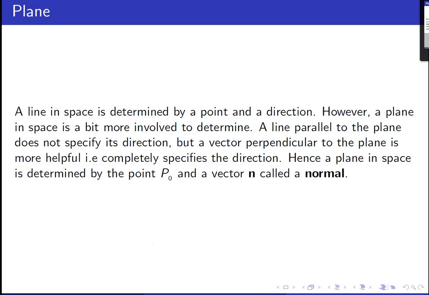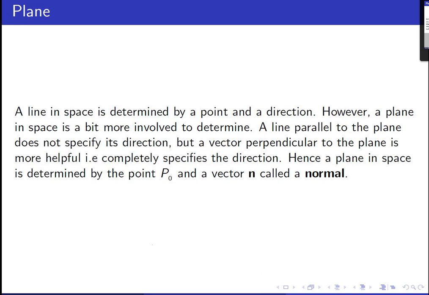As we know, with regards to lines, in order to find an equation of a line, you need a point and a direction. But with regards to planes, in order to find the equation of a plane, you need to find its norm, right?